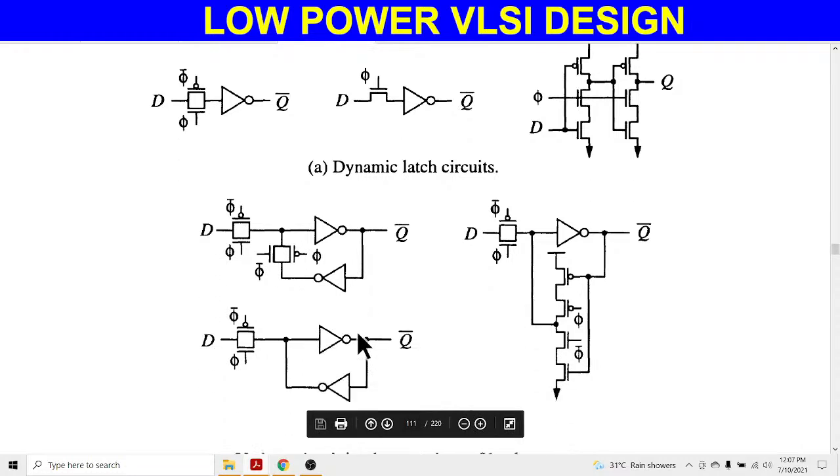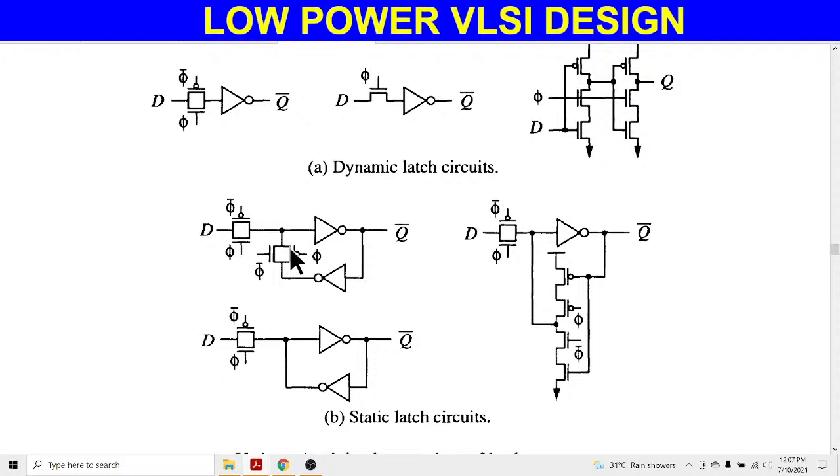If we implement the circuit using NMOS instead of a transmission gate, NMOS has all these advantages. The load capacitance is reduced in the NMOS flip-flop. So if capacitance is reduced, definitely the power will also be reduced.